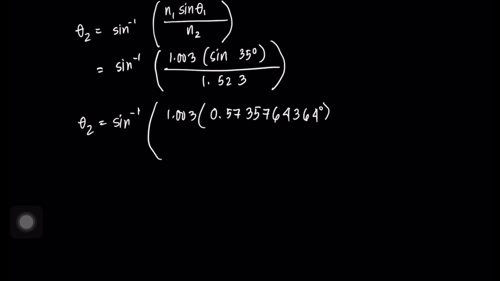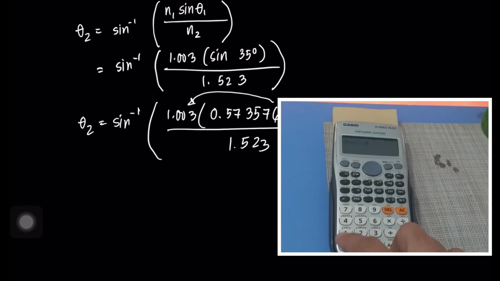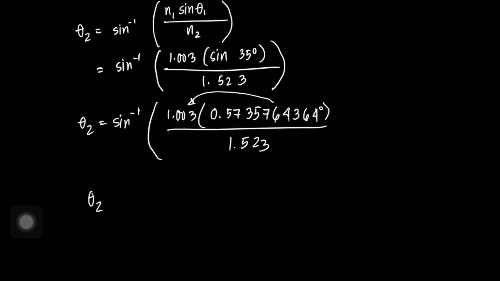Then this figure, you multiply it by 1.003, and that should equal theta sub 2 is equal to sine negative 1.